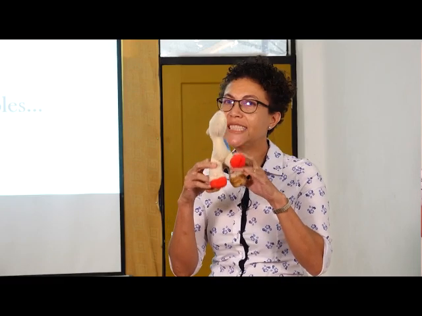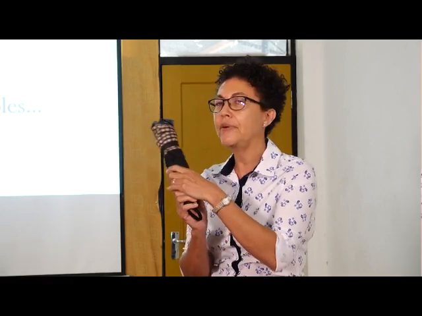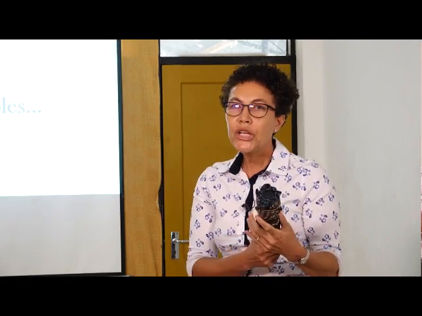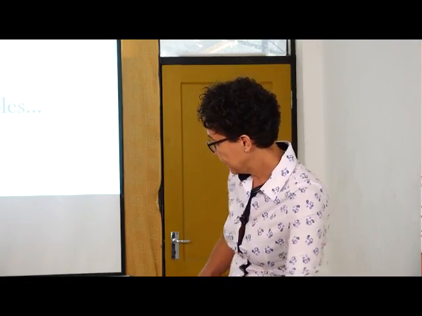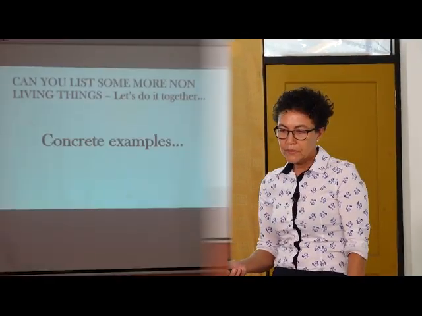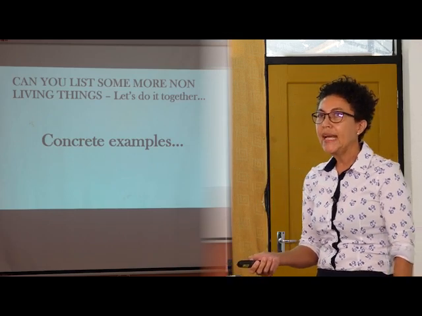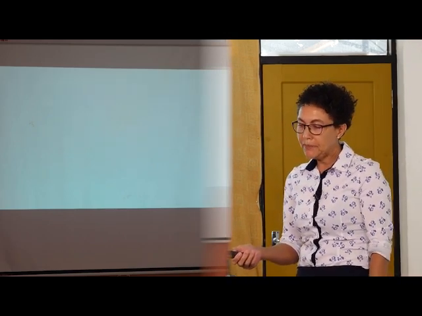Again, it is a non-living thing. Oh, my umbrella. It is handy both on sunny days and rainy days. Again, it is an example of a non-living thing. And at home, you can list some more examples.